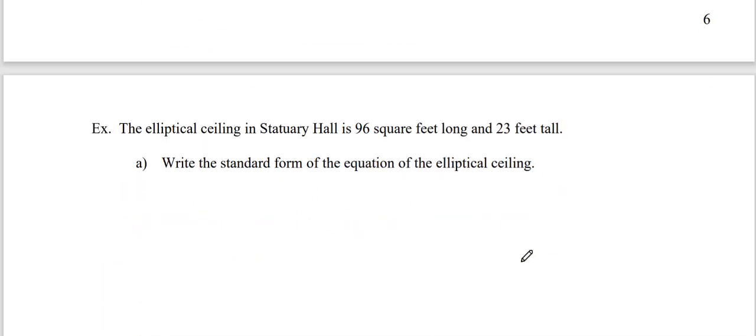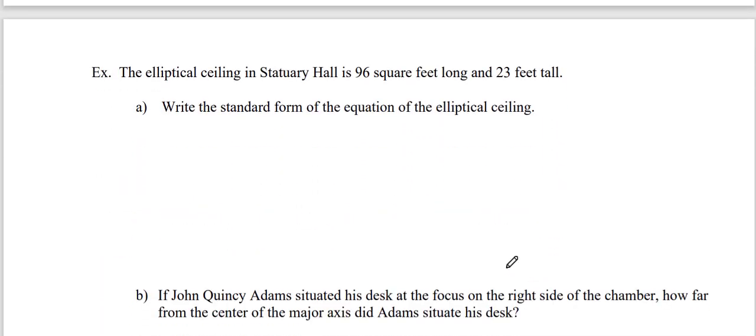Let's work on that idea a little bit. We know that the ceiling at Statuary Hall is 96 feet long, 23 feet tall. I'm going to graph a picture here where we can choose the center to be wherever we want. I think we want the center to be in the middle of that room. I'm just going to draw the top half of this ellipse here, where that acts like the ceiling.